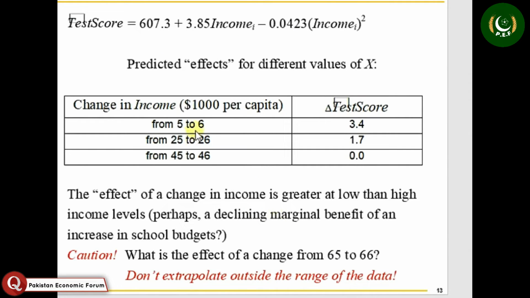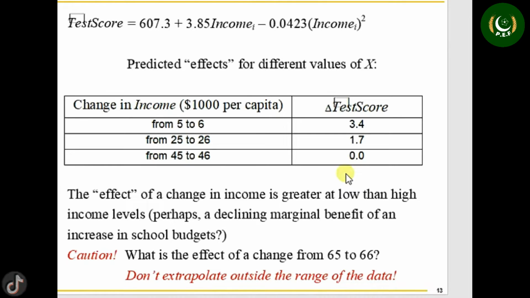You see the difference in test score in this range is 3.5, though the change is only $1,000 per capita. Here the change is $1,000 per capita, but the change in test score is not the same. Change is $1,000 per capita, but the test score change is 0. So that's how you interpret a nonlinear model in variables.